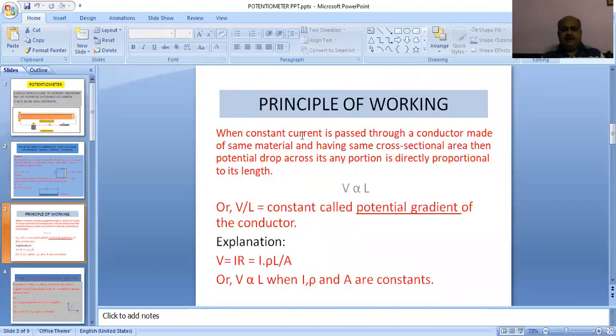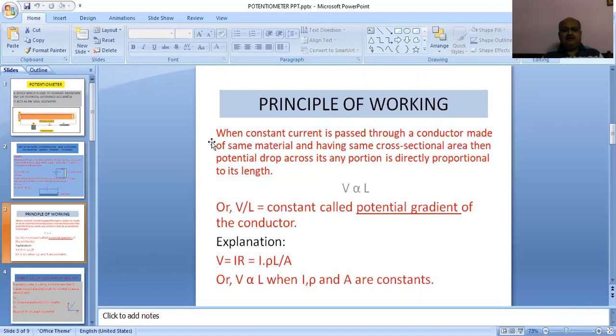Now, principle of working. When you are given a potentiometer for any purpose, the first requirement is to supply constant current through it. Potentiometer wire has uniform cross-sectional area and is made of the same material.